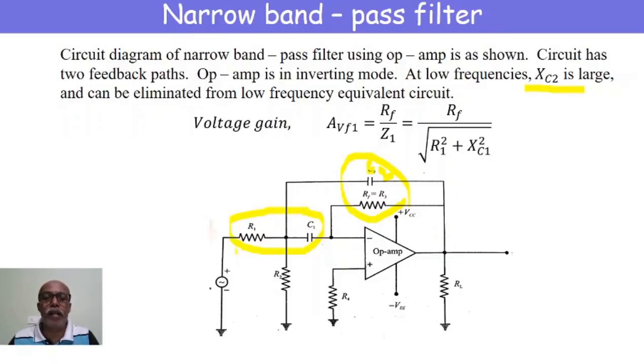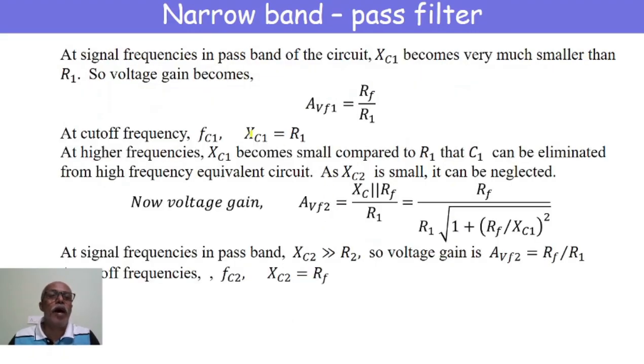Z1 is the effective impedance of these two components. Now, at signal frequencies in the band pass of the circuit, XC1 becomes very much smaller than R1, so that the voltage gain becomes AVF1 equals RF by R1. At the cutoff frequency of C1, XC1 will be equal to R1.